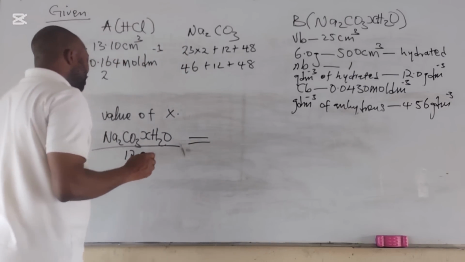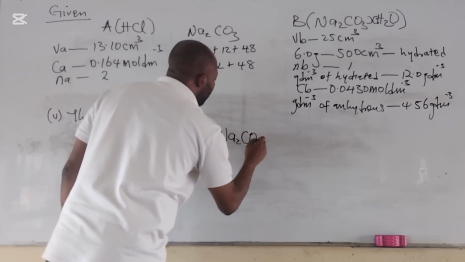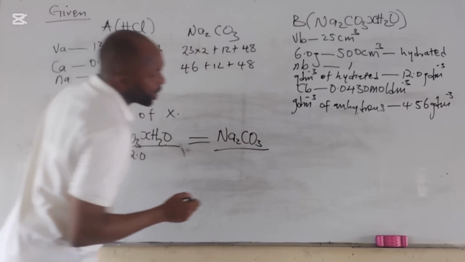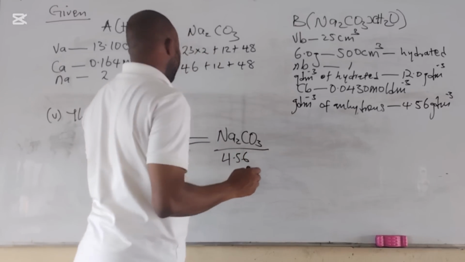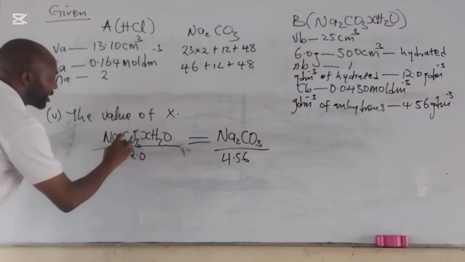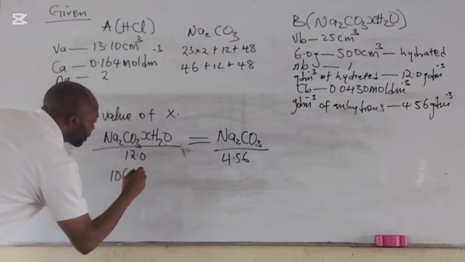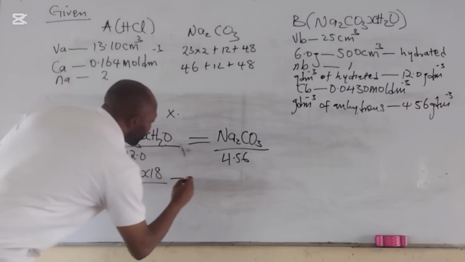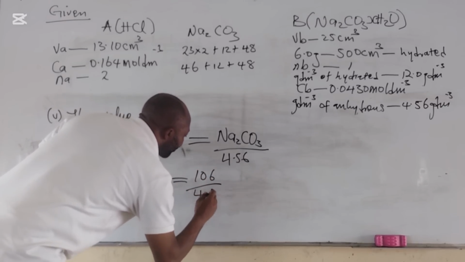Over the relative molecular mass of anhydrous, which is Na2CO3, over the mass count of anhydrous, which is 4.56. So if I get the values right, this is (106 + x18) over 12 is equal to 106 over 4.56.